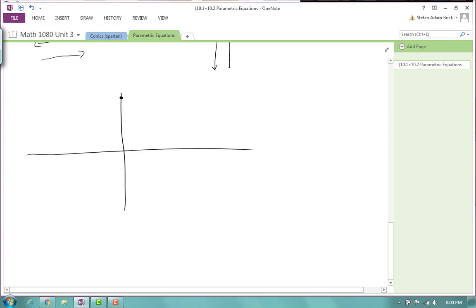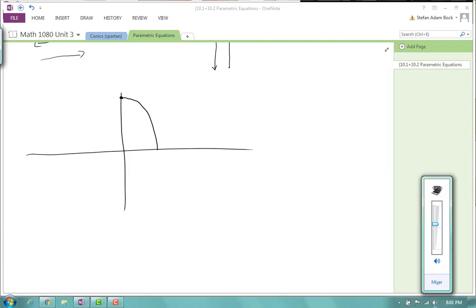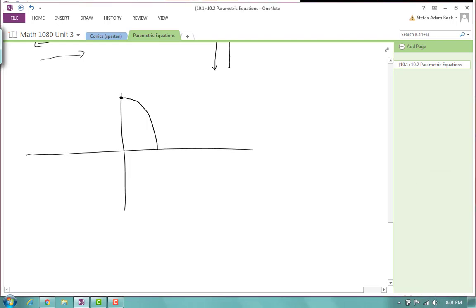Then my x values are increasing up to 2, while my y values decrease down to 0. Then my x values decrease to 0, while my y values decrease to -3. And then I end up going back.